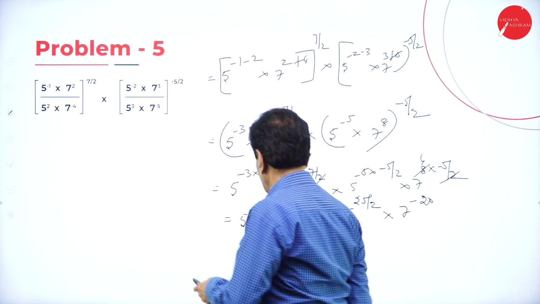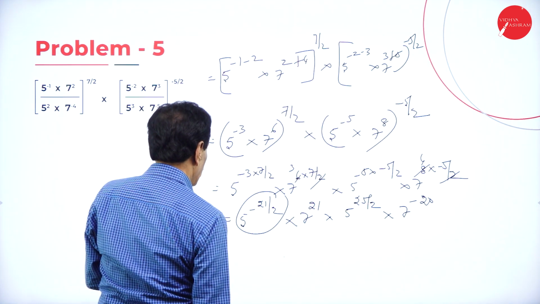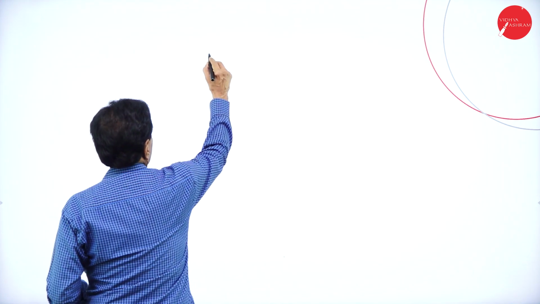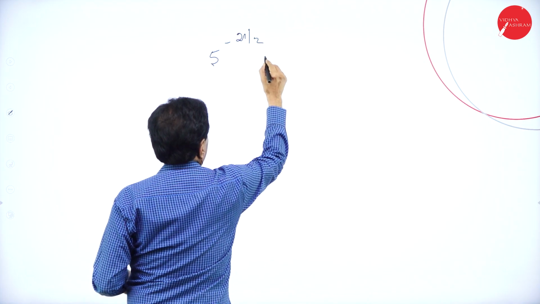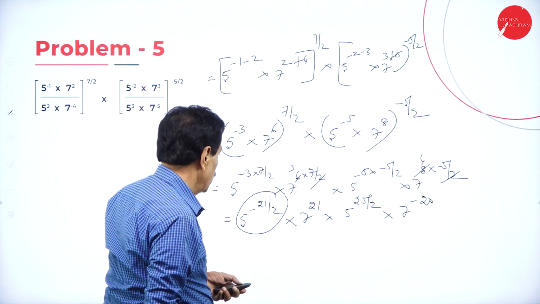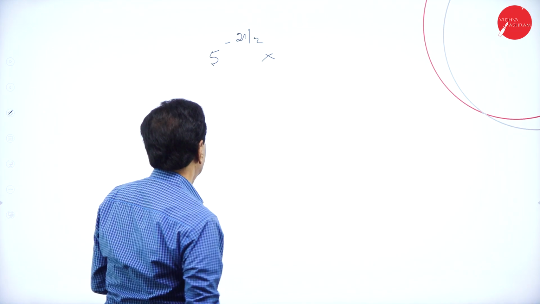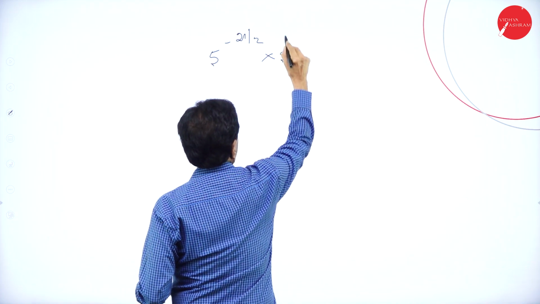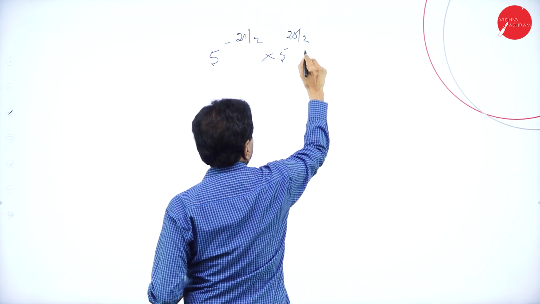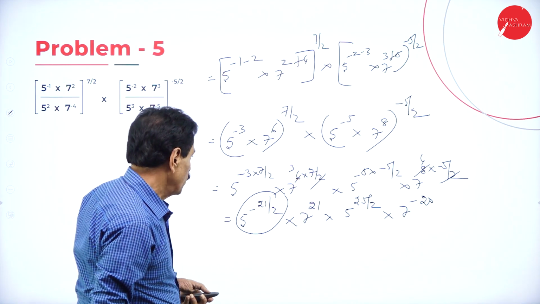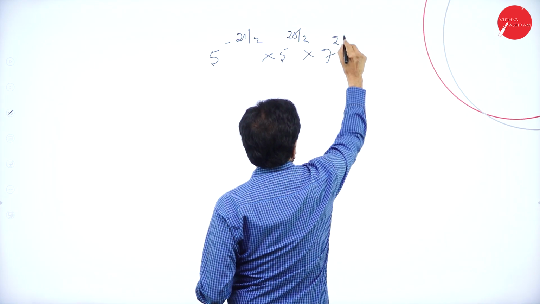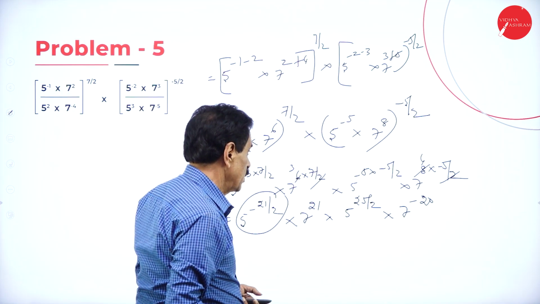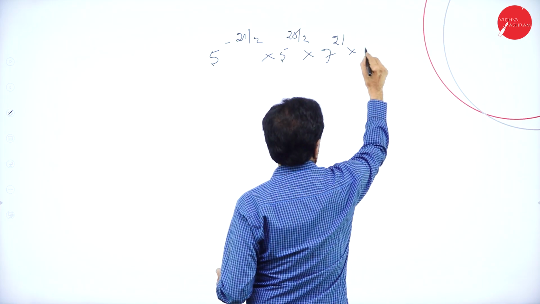We can take the 5 at a stretch. 5 to the power of minus 21 by 2 into another 5 to the power of 25 by 2, into 7 to the power of 21 into 7 to the power of minus 20.